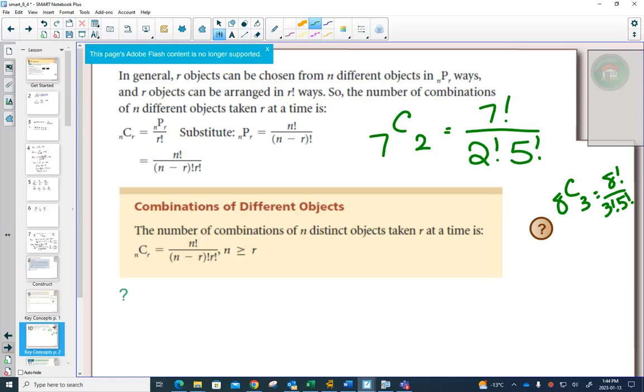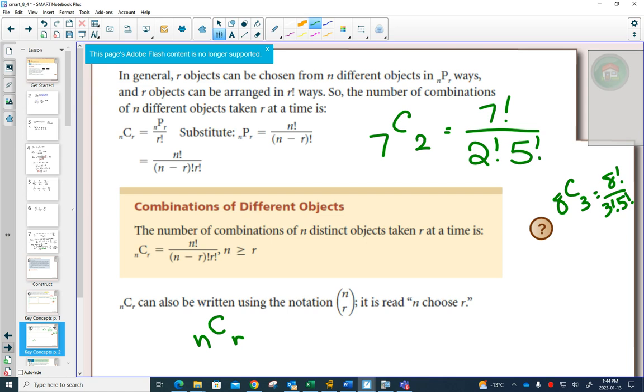Now on our calculator, and we will always write it like this, okay? You will see some textbooks write it in brackets like this. That's how the IB curriculum used to do it.